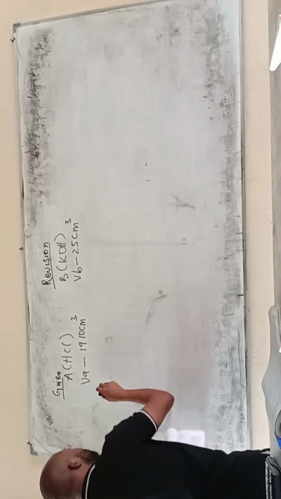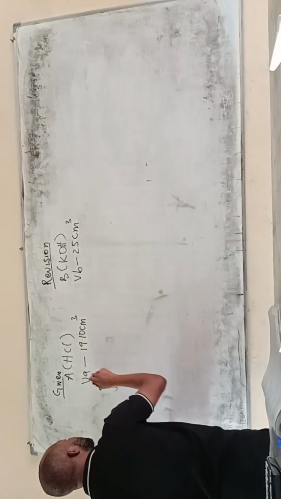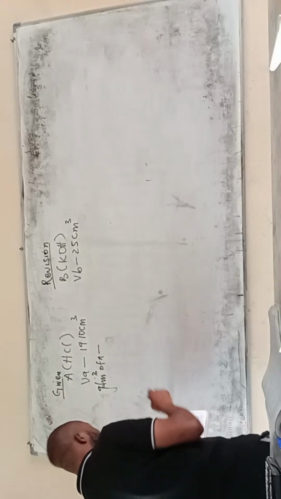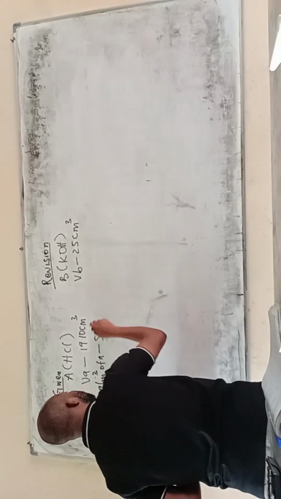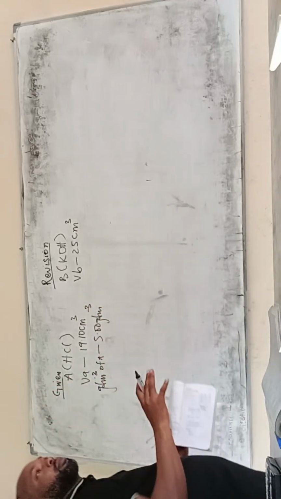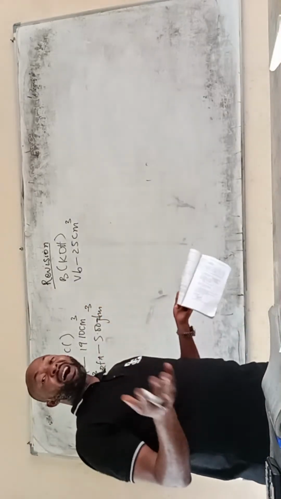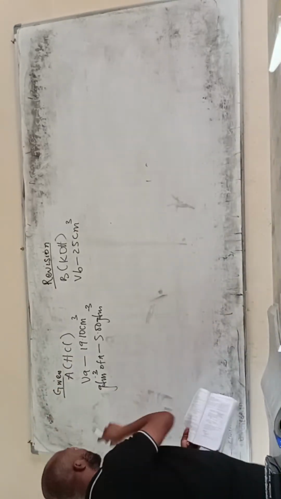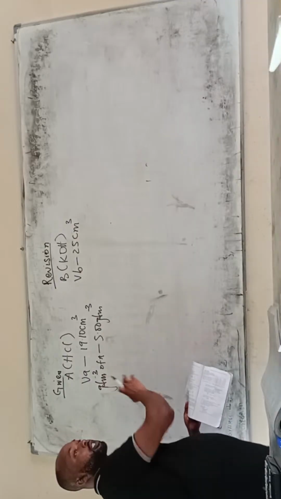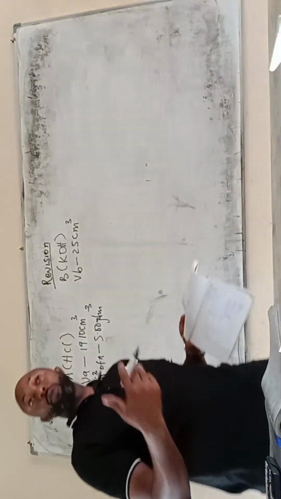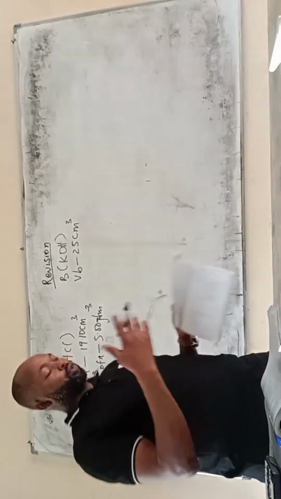So the mass concentration of A is 5.00 g/dm³. Now this g/dm³, what does it mean? It means mass concentration. So the unit is g/dm³. I do not want to take the pain of writing mass concentration. Just know the unit g/dm³ is standing for what? Mass concentration. If I say mole per dm³, I'm referring to molar concentration. If I say mole, I'm referring to amount, and so on.